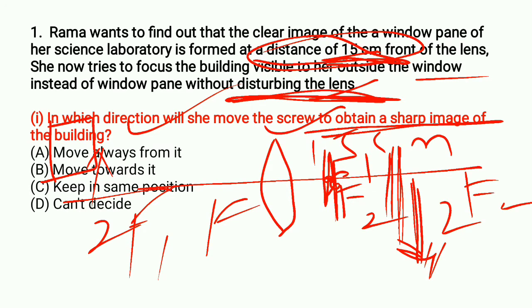So what we are doing here is moving this screen towards the lens. The lens is constant, we are not disturbing it. We are just moving the screen towards the lens in order to get the image of the object. So the answer for this question is that we have to move the screen towards the lens. So option B is the correct answer.